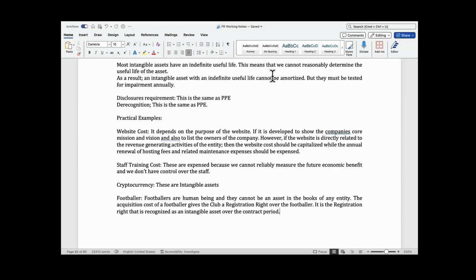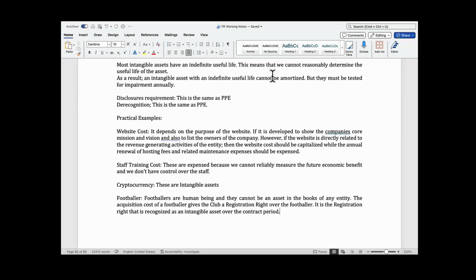Yes, you might have a right. So it's just nice to focus on the registration right. Okay, I have the registration right over this footballer. So is that right that gives you, to a large extent, control for a certain period of time?